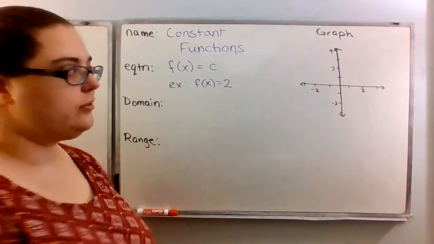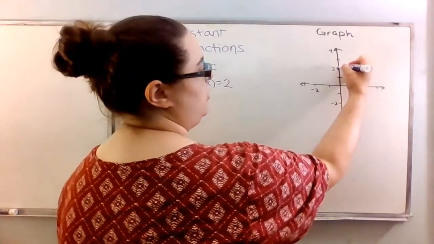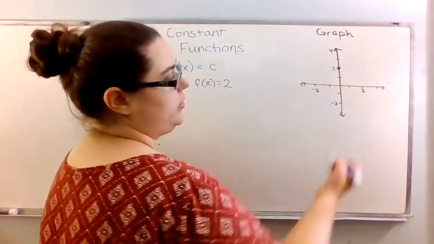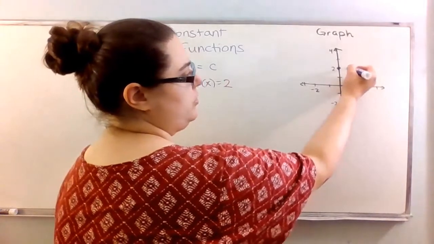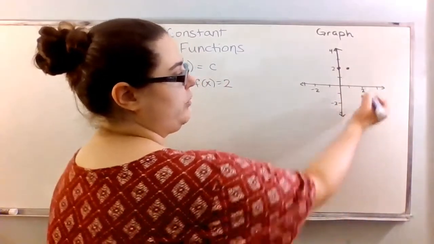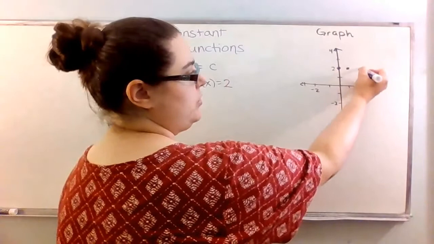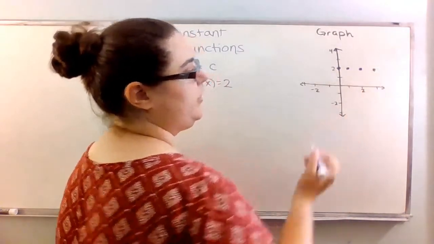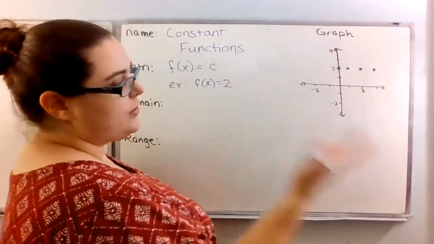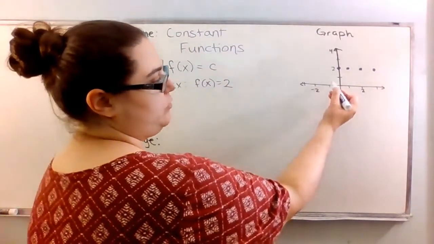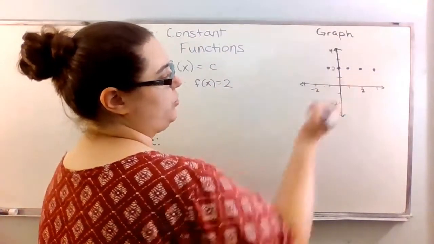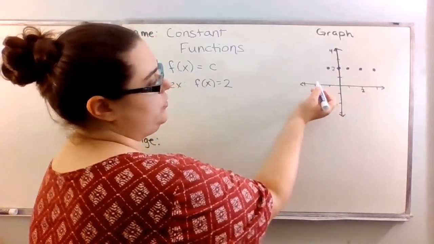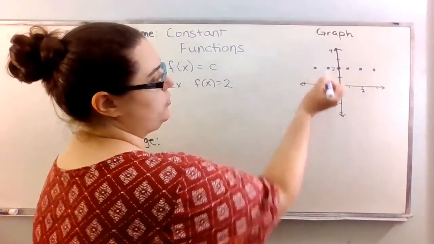So if x is 0, my y value is 2. If x is 1, my y value is 2. If x is 2, my y value is 2. If x is 3, my y value is 2. Right? And so on forever that way. And same thing with negatives. If x is -1, my y value is 2. If x is -2, my y value is 2.